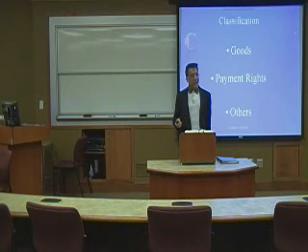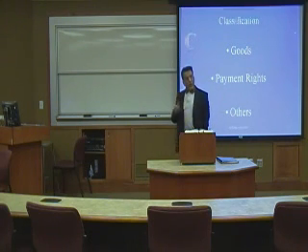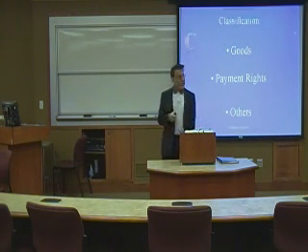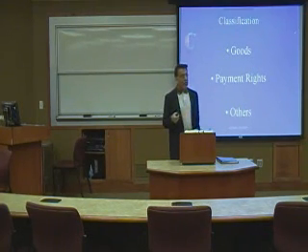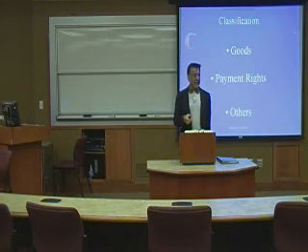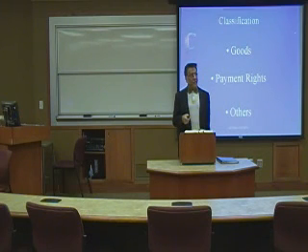And now all sorts of payment rights are used as collateral in order to get loans. So, very broadly speaking, you could say that Article 9 collaterals are either goods or payment rights. And then if nothing fits between the two, then there might be a third category, a residual category.